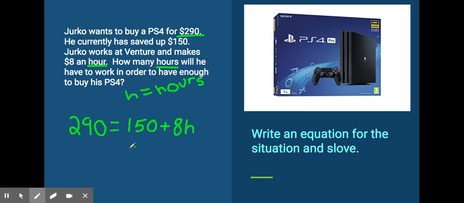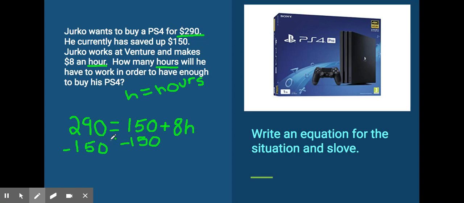All right, now we're going to solve for H here. So I'm going to subtract 150 from both sides.